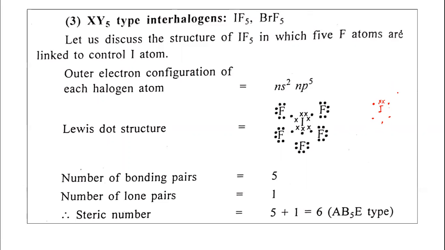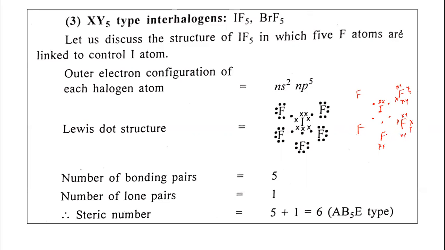Now let us see the fluorine atoms. This is one, second, third, fourth, and fifth. They also have 7 valence electrons, which can be represented in this way for each fluorine atom. So there is a formation of 5 covalent bonds.